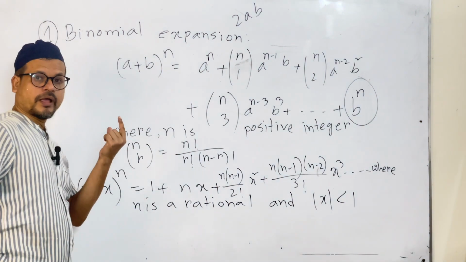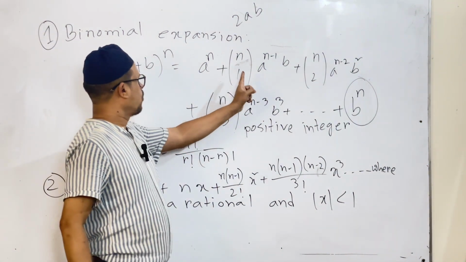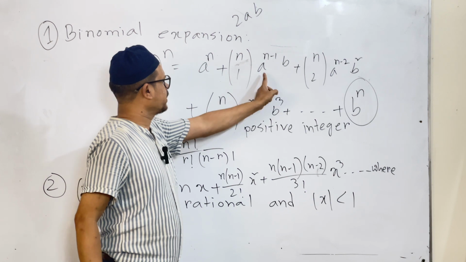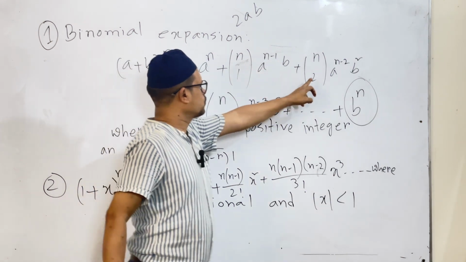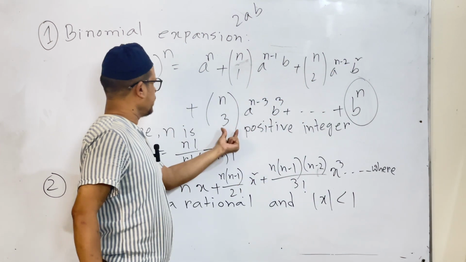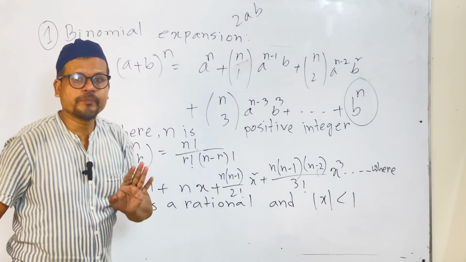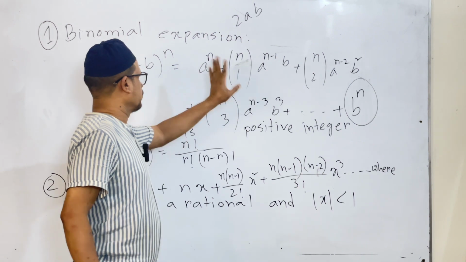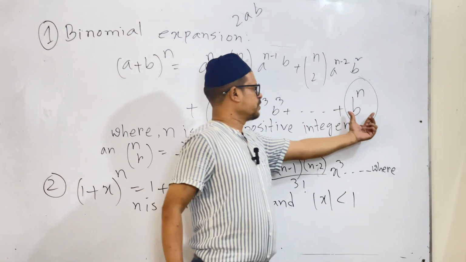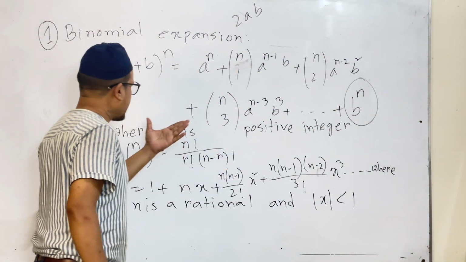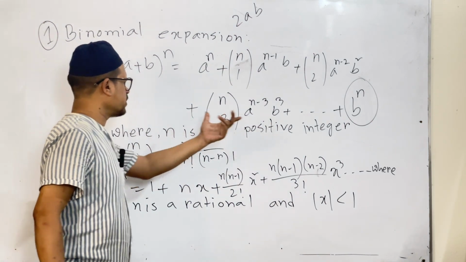Another point you have to remember: for the power of b being 1, the power of a will be n minus 1; for 2 it will be n minus 2; for 3 it will be n minus 3. Try to remember this. First it will have no coefficient, last will have no coefficient, and the coefficients are symmetric. Here n is a positive integer.